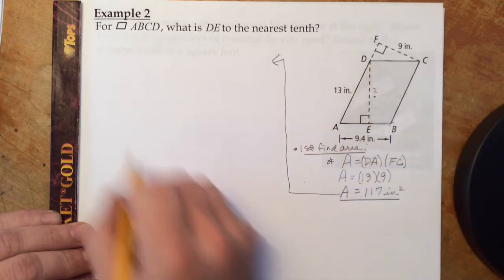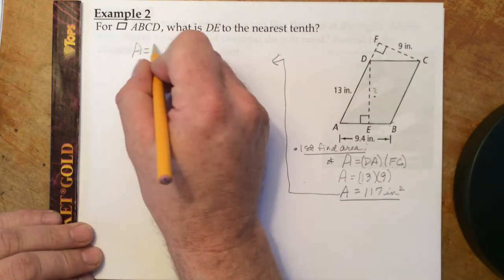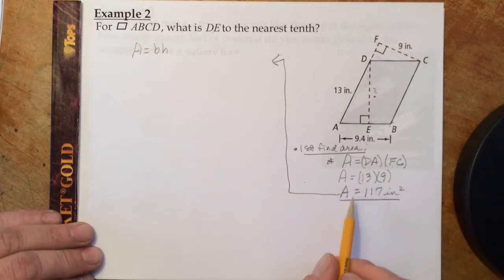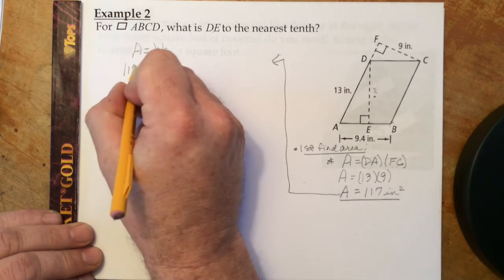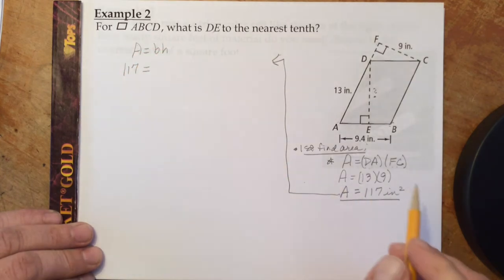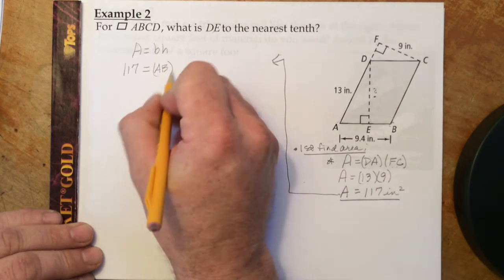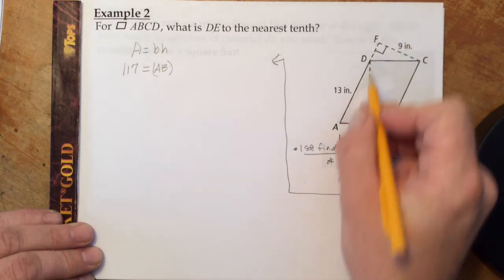So using the area formula, A equals base times height, just like we did before, except with two different values, we have the area, which is 117, equals the base, this time AB, times the height for this base, which would be DE.